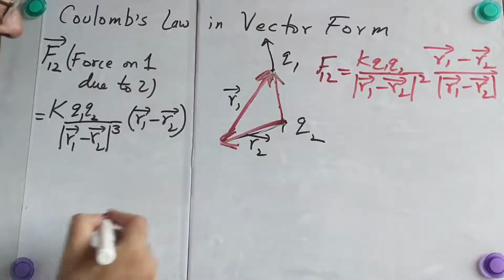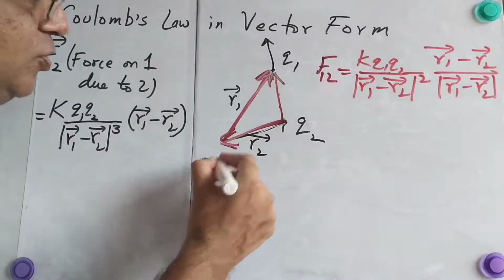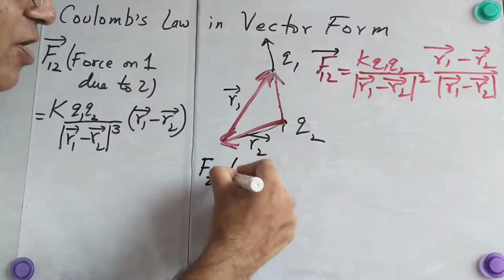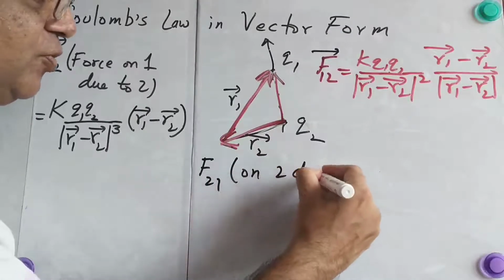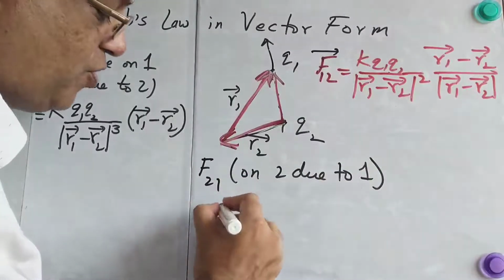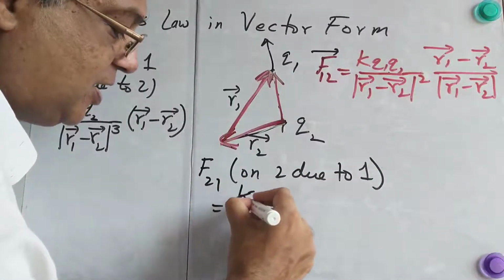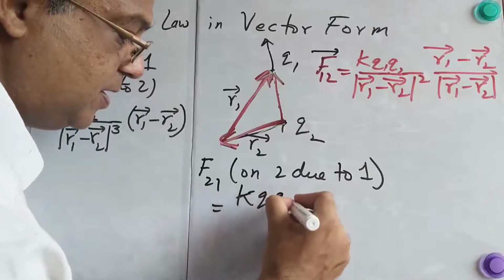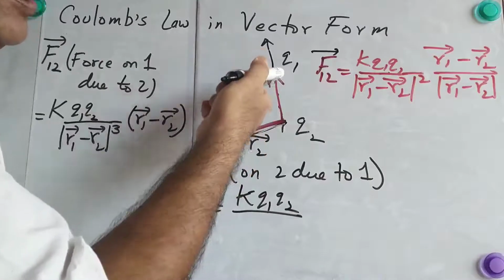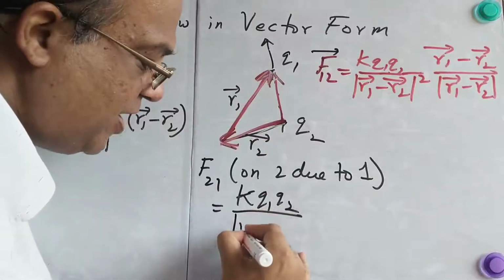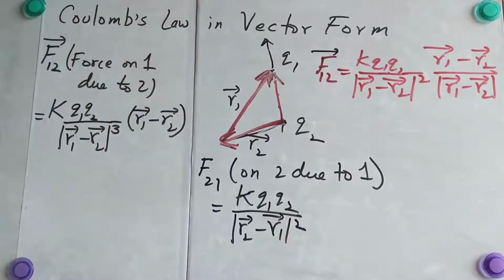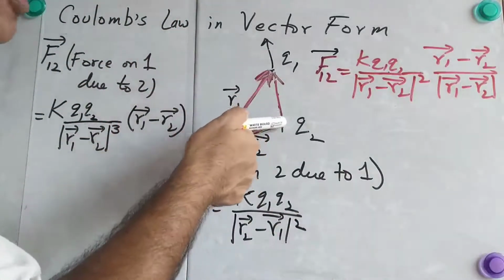Same if you want to find the force on 2 due to 1. So this is on 2 due to 1. This will be given by the force K Q1 Q2 by the distance square, and distance will be the same. So magnitude of now R2 minus R1 whole square, and then the direction is opposite here.